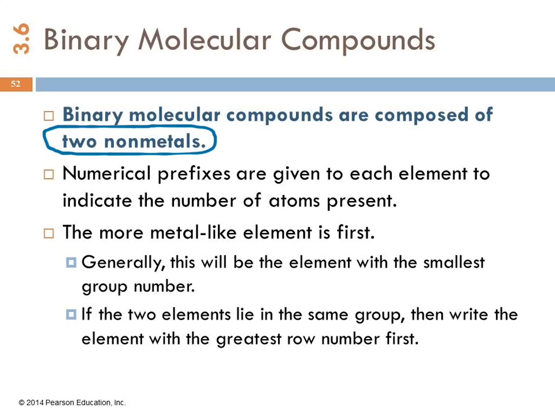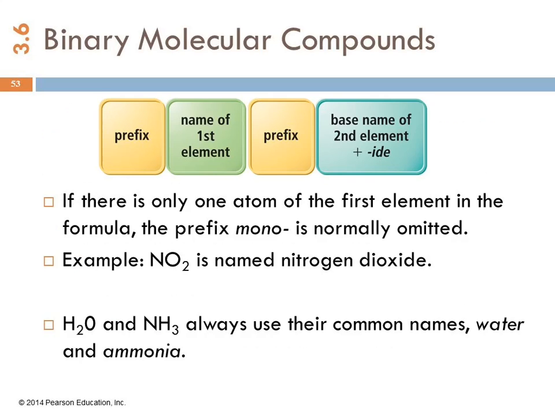If you're comparing oxygen and sulfur, it's getting more metallic as we go down. Sulfur is closer to the metals. It's going to be more metallic. If you're comparing carbon and nitrogen, carbon's closer to the metals, so it goes first.